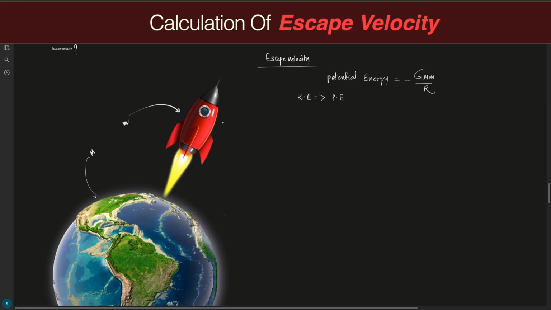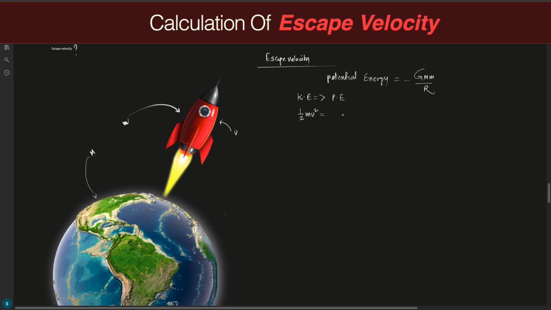All right, so let's say this rocket which is moving outside of the earth has velocity v and mass m. Then the kinetic energy of this rocket is half m v square. It has to be greater than the potential energy of the object, right? Or, for the boundary case, this kinetic energy is equal to the potential energy.